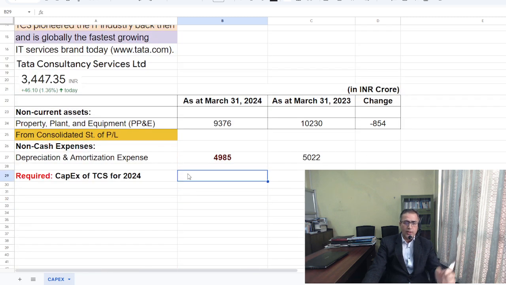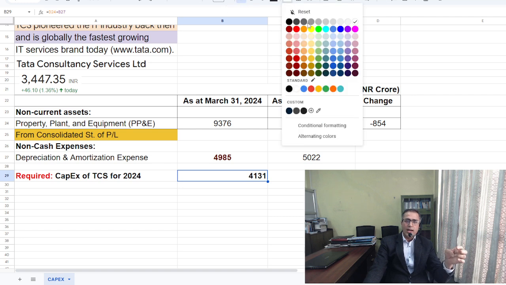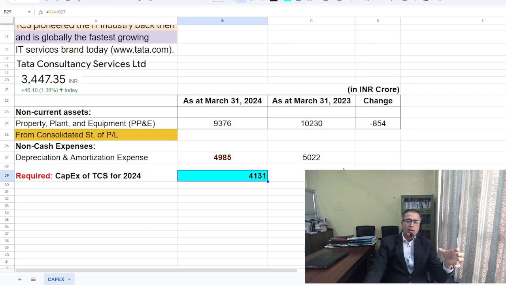So what I do here, you already calculated the change in property, plant and equipment, plus current depreciation and amortization expenses. So we came to know that it is the 4,131 value. That is simply what we say is the capital expenditure, the pujigat kharcha for 2024 for the TCS company, friends.